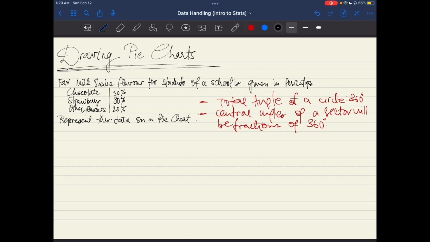Okay, so now let's look at these flavors: chocolate, strawberry, and others. We have 50% in the first case, 30% for strawberry, and 20% for others. Okay, now let's look at what the angle for each of these categories will be.